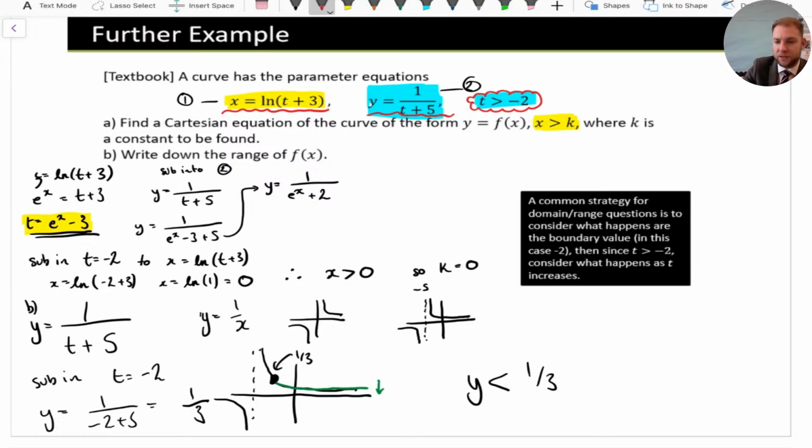Does that make sense why I'm subbing in minus 2 now? Good, so it's all about making sure you understand that the x-coordinates are the domain and the y-coordinates are the range, and the t is telling us what these are.